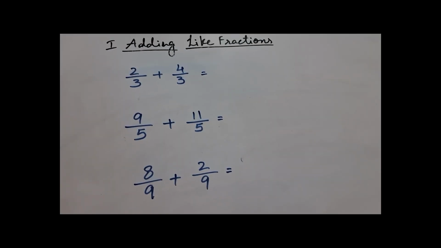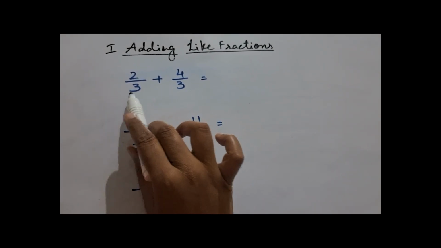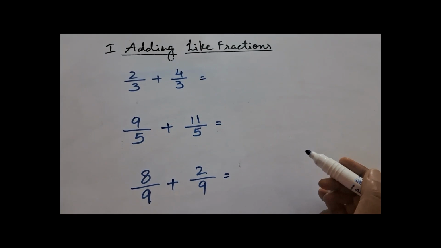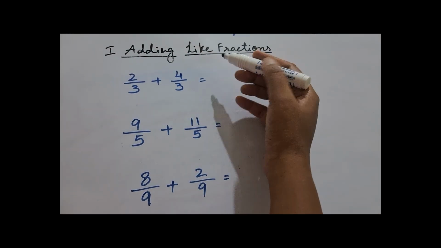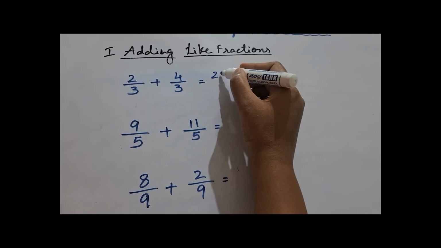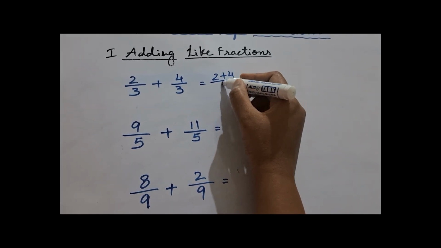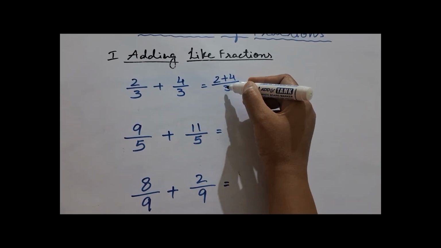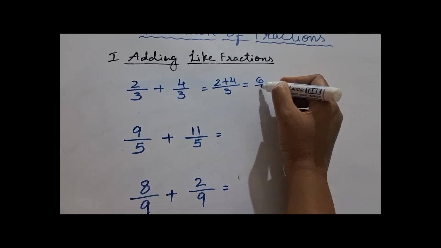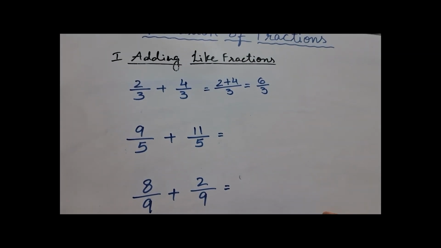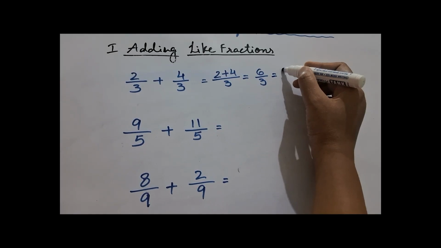Let us take another example, children. In this first one, both are like fractions. So in like fractions, add the numerators. The numerators are 2 and 4. So 2 plus 4 by the denominator being the same, 3, which is equal to 6 by 3. 6 by 3 can be written as 2.